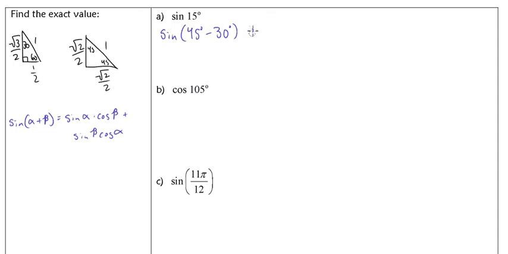That'll be equivalent to sine of 45 degrees times the cosine of 30 degrees, minus rather, because we're subtracting right here, this is minus, so minus the sine of 30 degrees, of that second angle, times the cosine of 45 degrees.